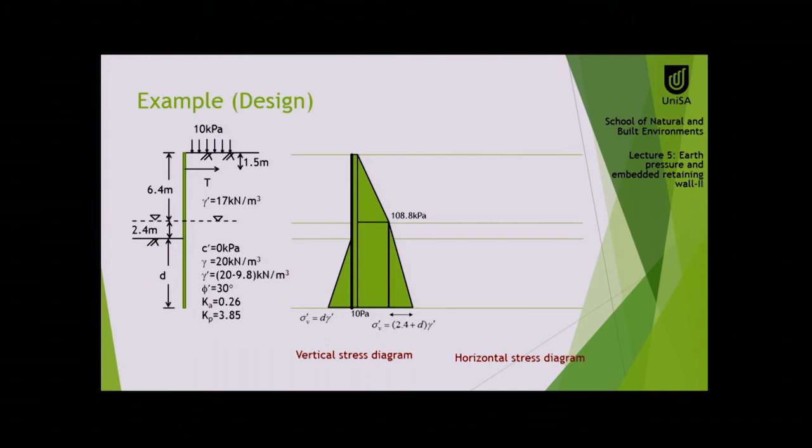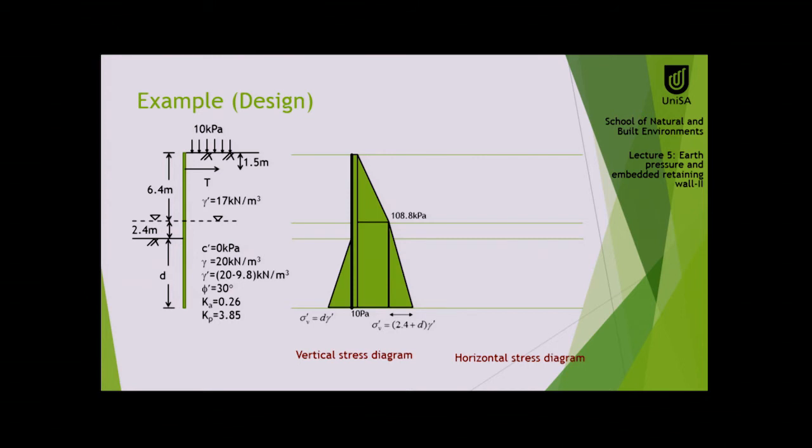The total height from that to that is 2.4 plus d, 2.4 plus d times gamma prime. So the total effective stress would be 10 plus 108.8, plus 2.4 plus d, whole times gamma prime.